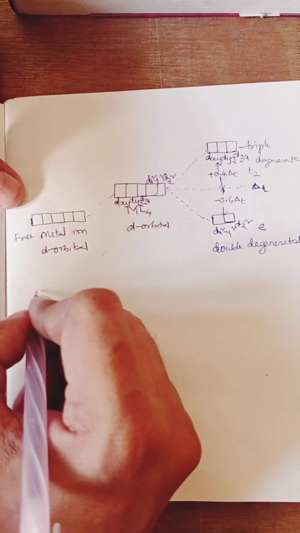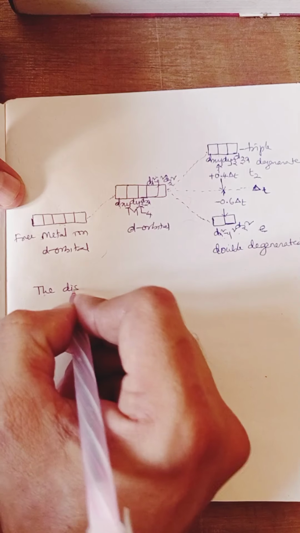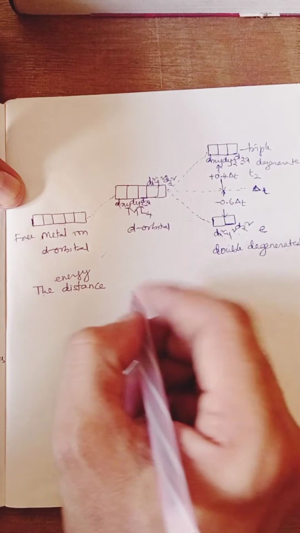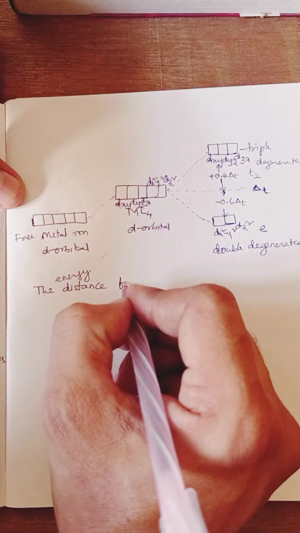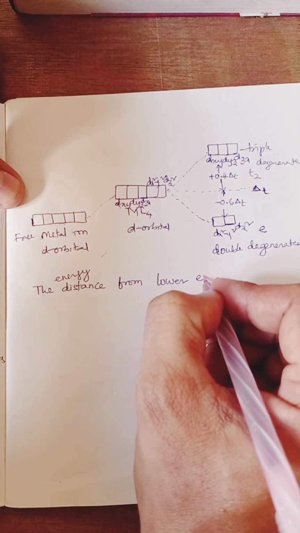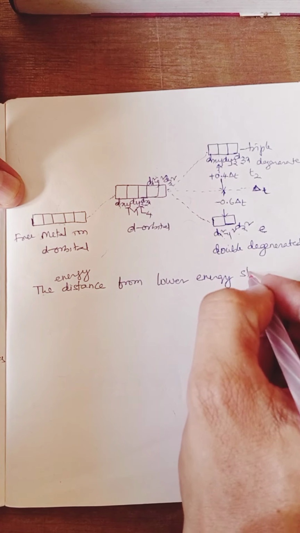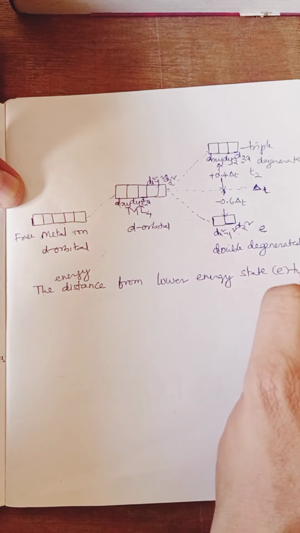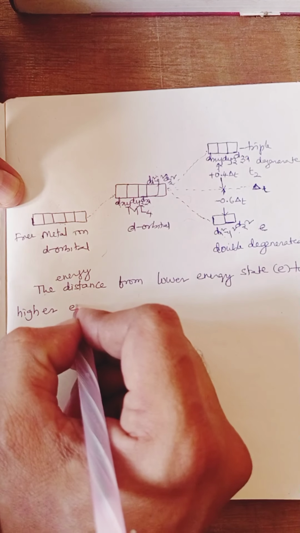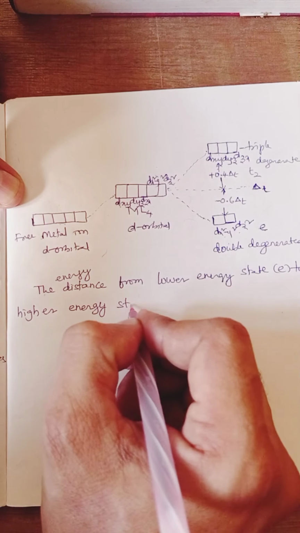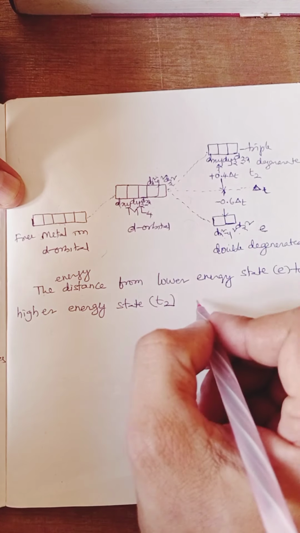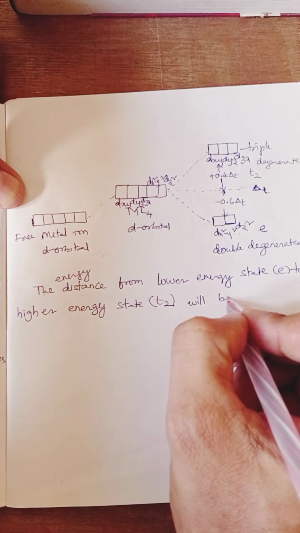So here, the energy distance from the lower energy state E to the higher energy state T2 will be known as what?